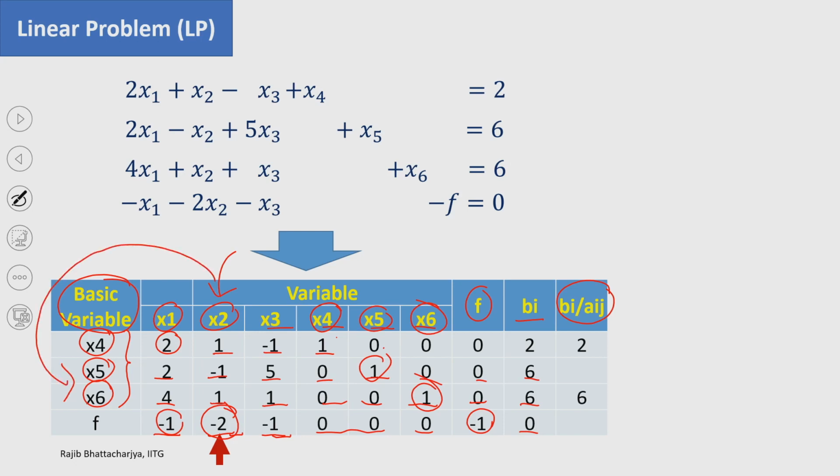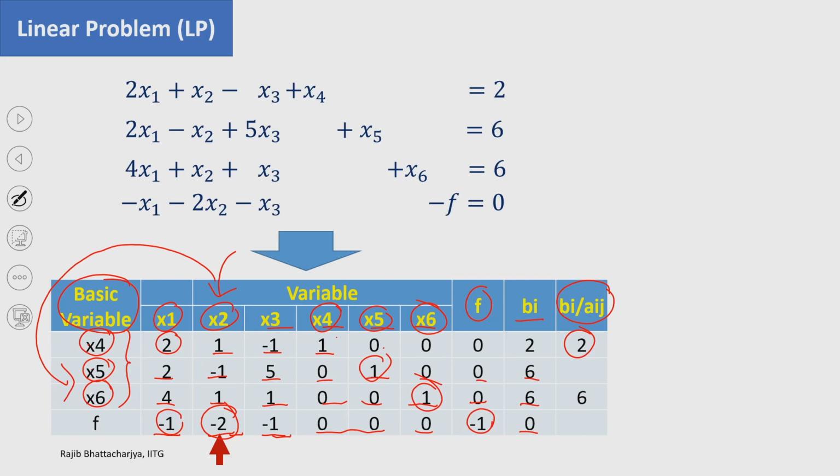Then we have to take a decision whether x4 is going out, x5 is going out or x6 is going out. So, which one will be replaced by x2? Out of x4, x5 and x6, one will be replaced by x2, but which one? So, what we will do? We will calculate the ratio, b_i by a_ij.